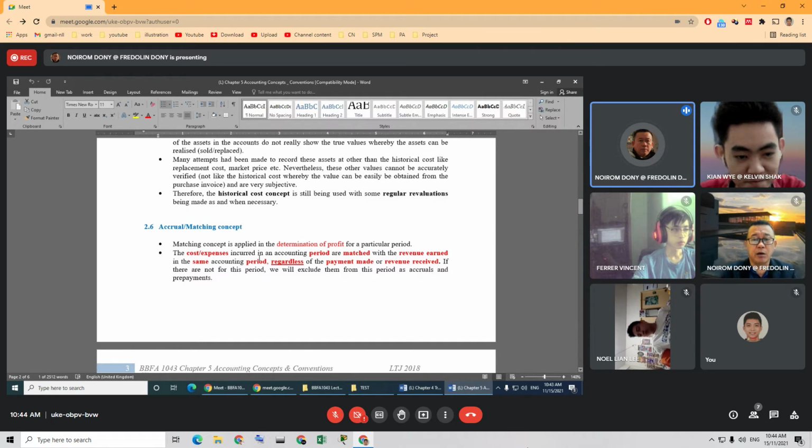Earned does not only include money received in cash, but also money that is going to be received later, like receivables. Receivables are recognized in the sales, so that is where we are using the matching concept. We recognize that as sales even though we have not received the money yet.